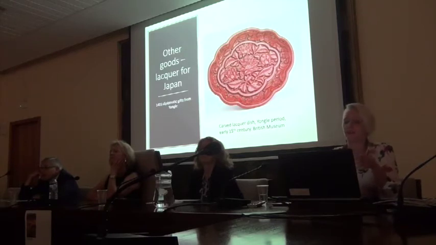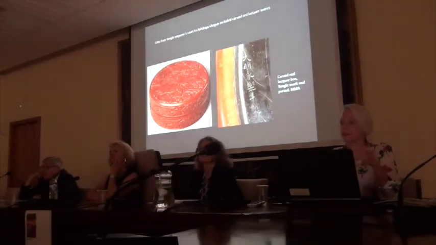So you have boxes like this one, and similar ones have been found in Japan that have the imperial reign mark written on it, just like this one does. Now this one is in the British Museum, but it was acquired in Japan.